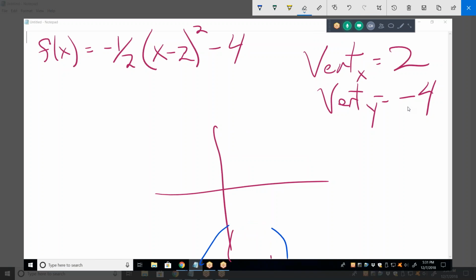So let's put the vertex in there. Now, 3 points define a parabola. So you only need 3 points on here to draw this. That point is 2, -4. Put a dot on your graph there.